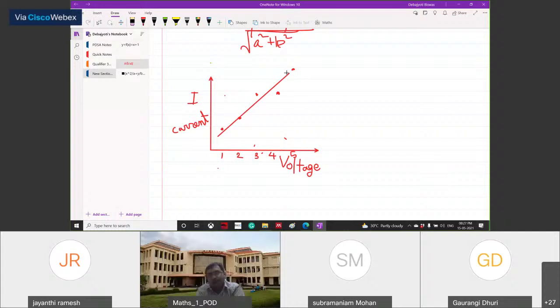For that, we need a numerical formula for the best fit. SSE is a numerical formula which helps us understand which one is the best fit. This kind of situation we will face in machine learning, research, experimental physics, everywhere.